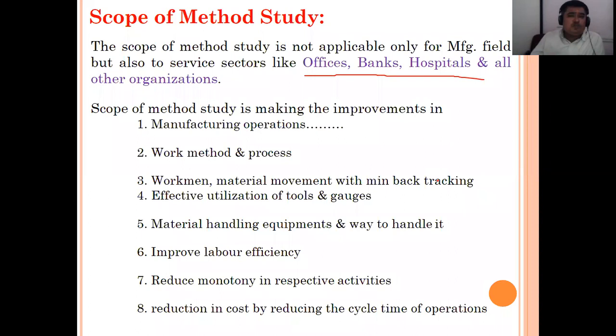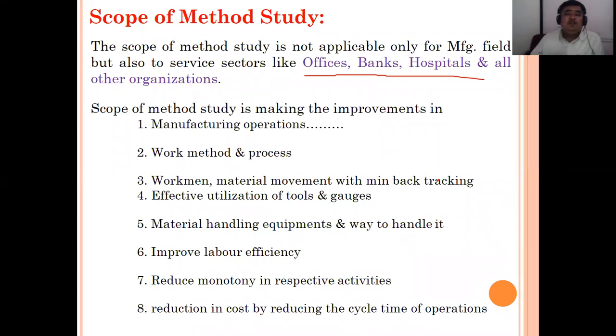If you are going to a hospital, at the entry of the hospital, can you find the operation theater? No, sir. Why? The operation theater is one of the major parts of the hospital, no? Yes, sir. Then why is it not at the entry?